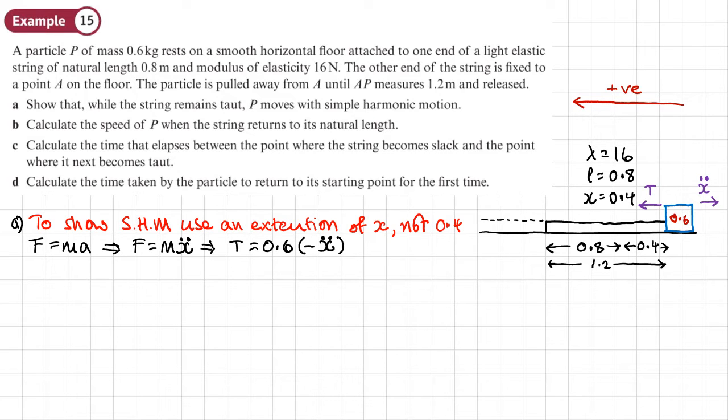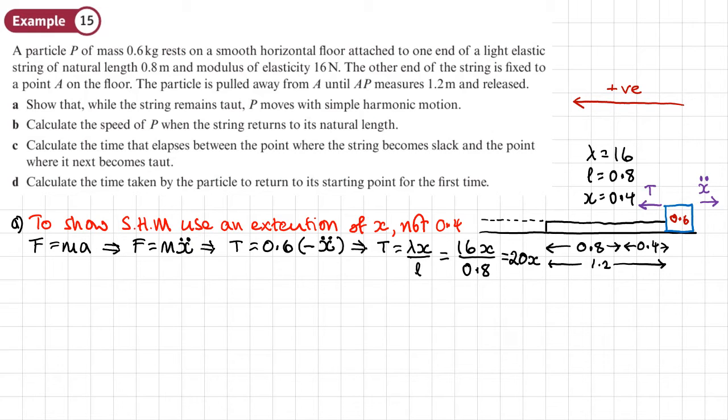And we want to work out what the tension is. So we'll use Hooke's law, lambda x over L. Lambda is 16. Remember, we're using the extension of x, not of 0.4. We want to show in a general case, and length of 0.8. So if we simplify that, 16 divided by 0.8 is 20. So we have 20x.